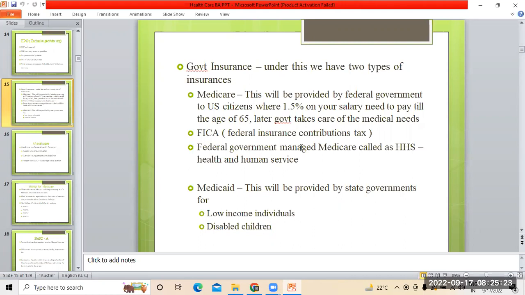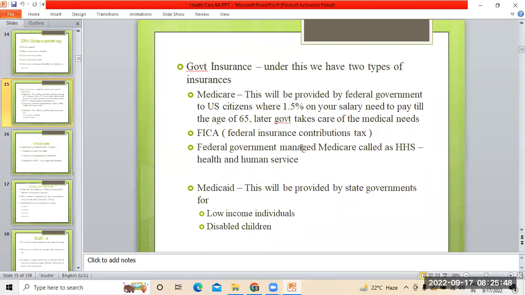Medicare is a plan provided by the federal government to the citizens, where people have to pay 1.5% on their salary till the age of 65. So they have to contribute.